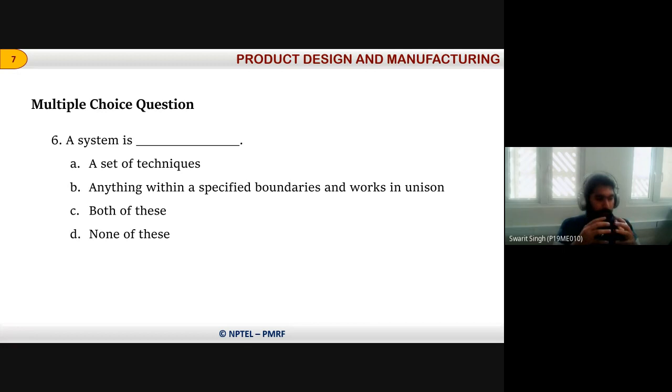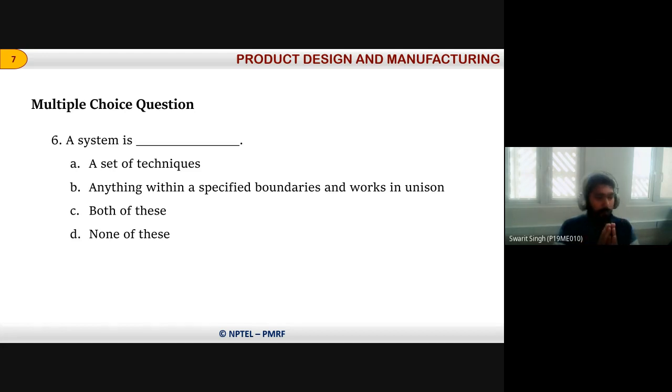But a system is a combination of certain components within a specified boundary or premises, and all those components kept together work to support each other and fulfill a common objective. A combination of all those components within that particular boundary or limit is termed a system.